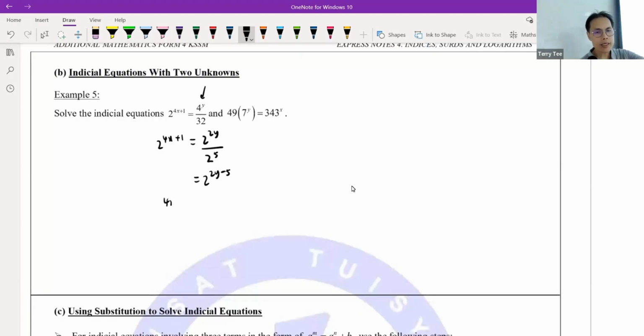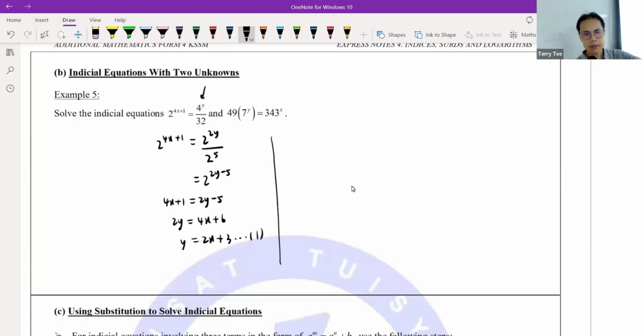So we have 4x plus 1 equals 2y minus 5. Maybe I make y the subject. 4x plus 6, y is 2x plus 3. Equation number 1.